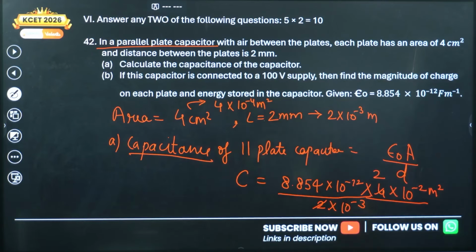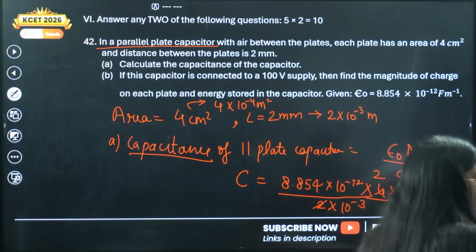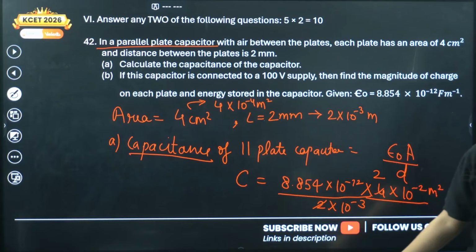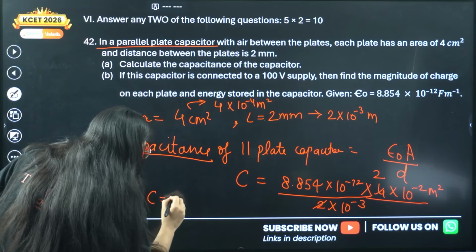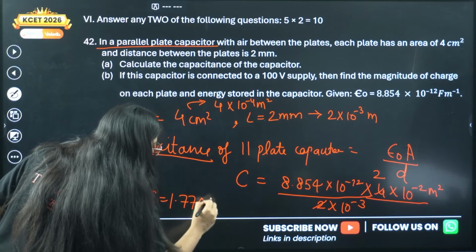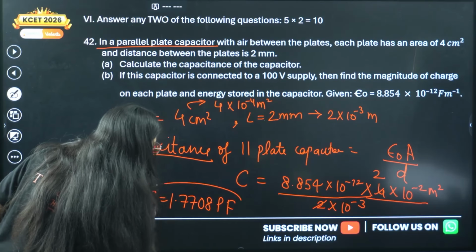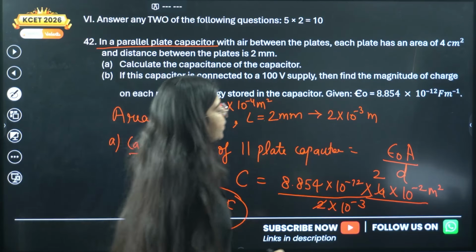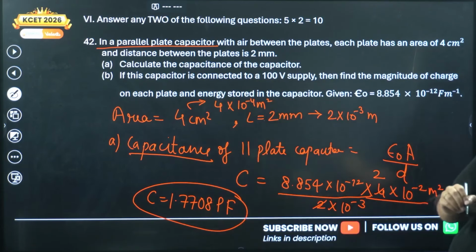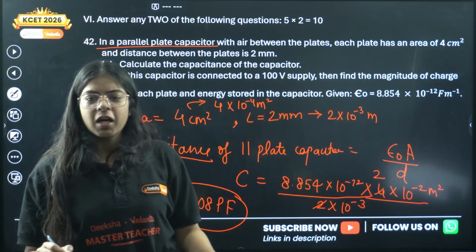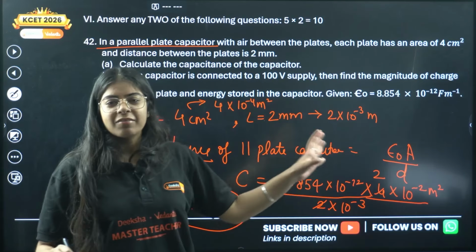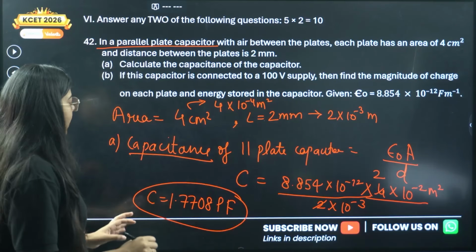The value of my capacitance will be 1.7708 picofarad. You can use calculators because you are allowed to use calculators, right? Here we have a little less time, so we'll just do the calculation directly.